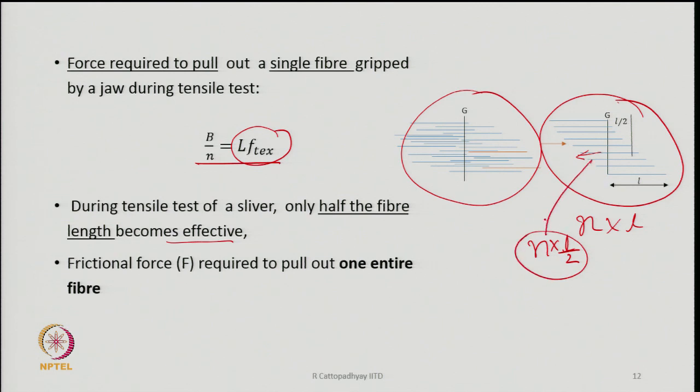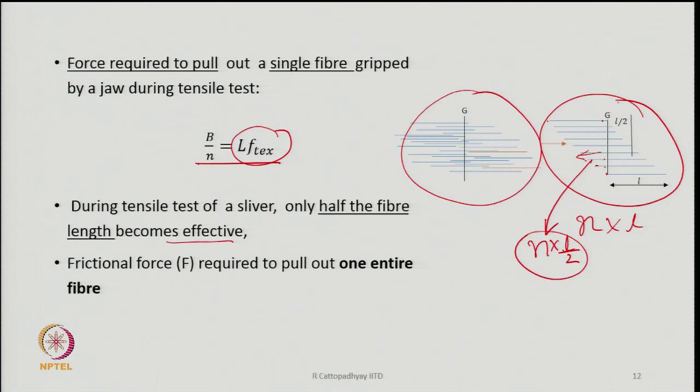There is one fiber here which is projecting out on the left hand side almost 0, the next one is only this much, the next one only this much, and this is the maximum length projecting out. So, on an average we can say the projecting out fibers on the left hand side are only L by 2.